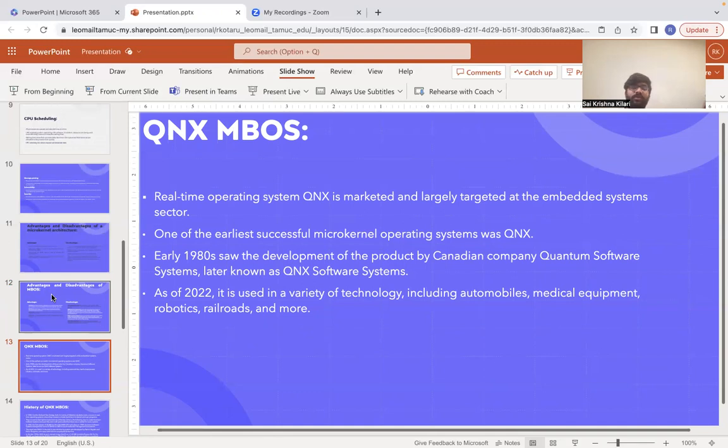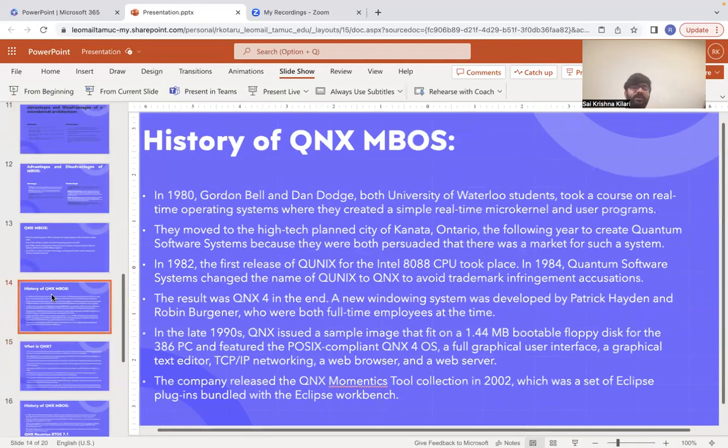railroads, and more. The history of QNX: in the 1980s, Gordon Bell and Dan Dodge, both University of Waterloo students, took a course on real-time operating systems where they created a simple real-time microkernel and user programs.